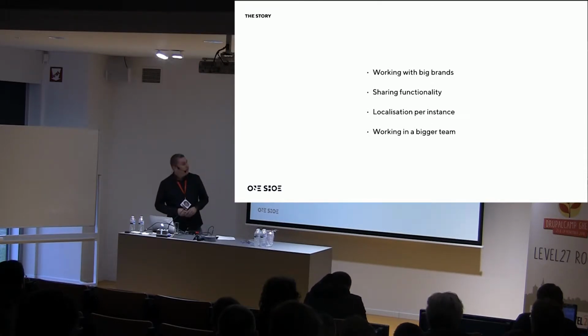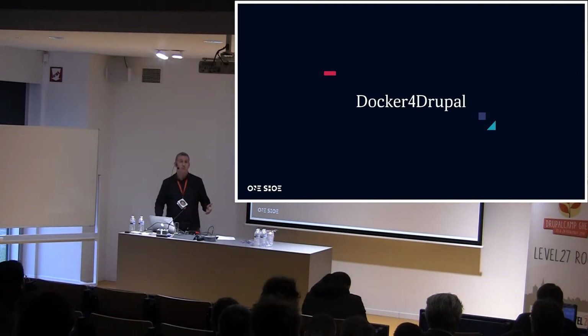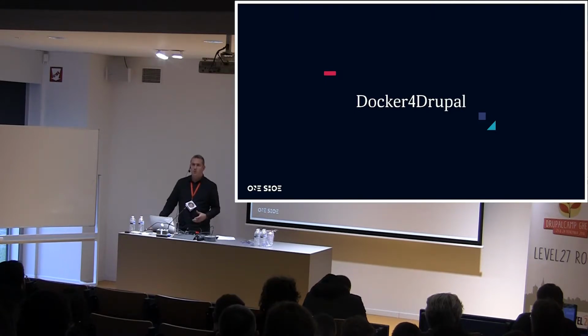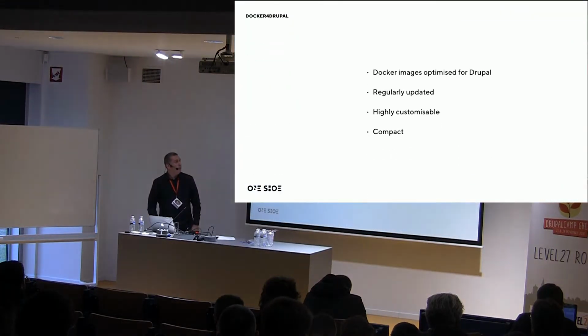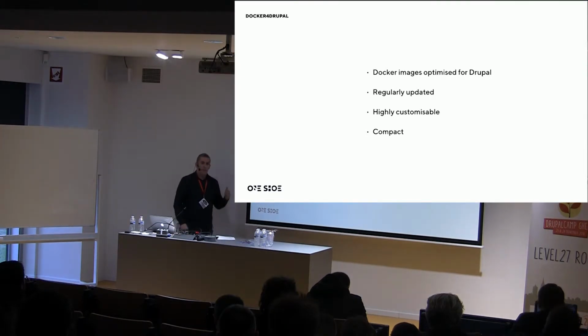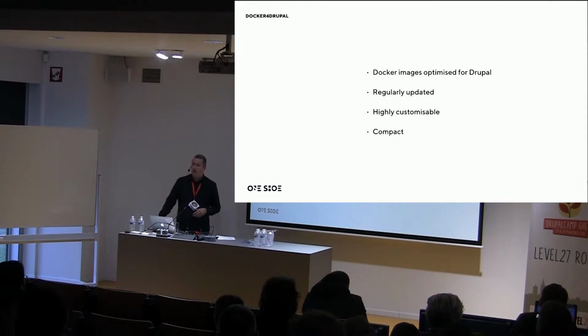without further ado, I would like to introduce Docker4Drupal. Docker4Drupal actually answers and solves all the issues around the multi-site installation in a Dockerized and structured way. The Docker4Drupal images, the Wodby images, are highly optimized for Drupal development.